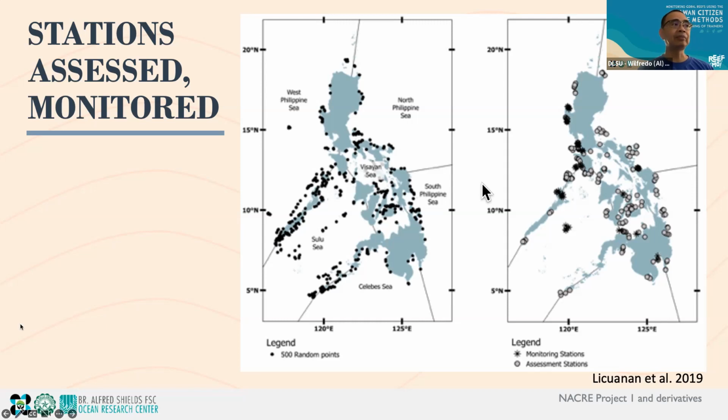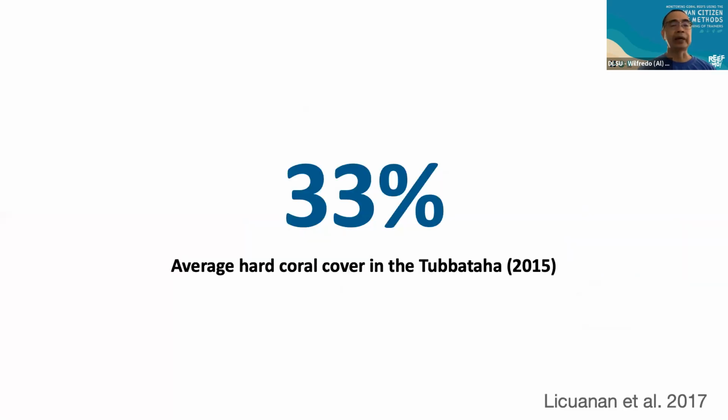And because the sampling is random, that is representative of ano ang nangyayari sa buong Pilipinas. Okay. And that's where the 22.8 came from.